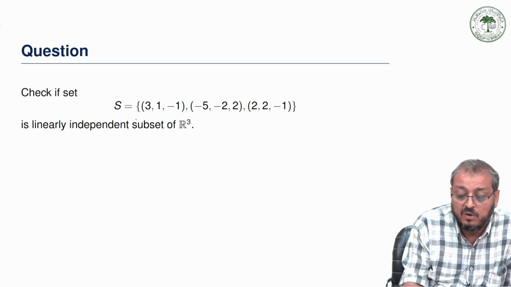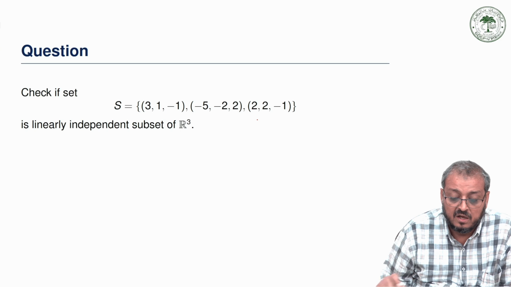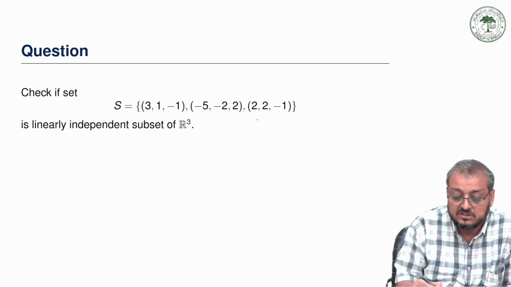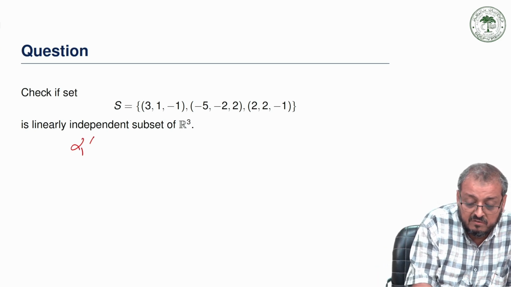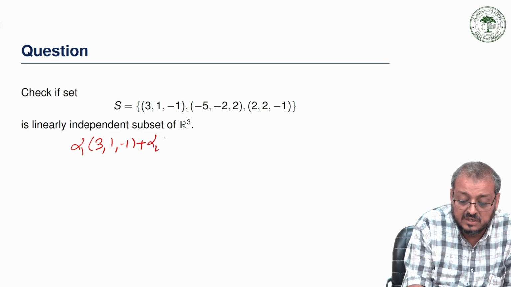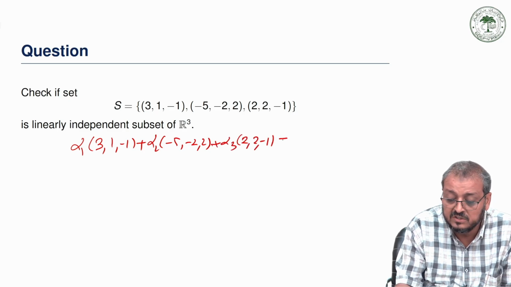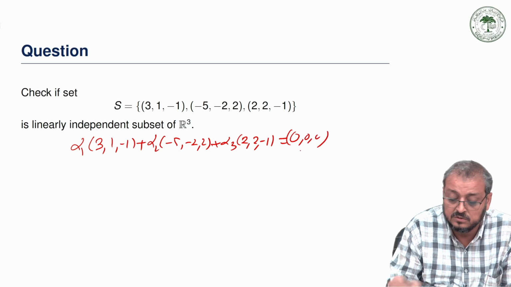To check linear independence, we write the linear combination of these equal to the 0 vector. So we have alpha 1 (3, 1, -1) plus alpha 2 (-5, -2, 2) plus alpha 3 (2, 2, -1) equal to the 0 vector (0, 0, 0).